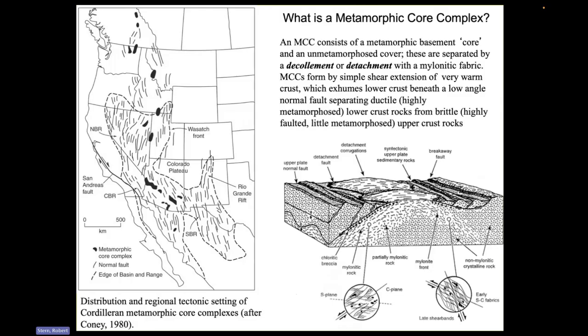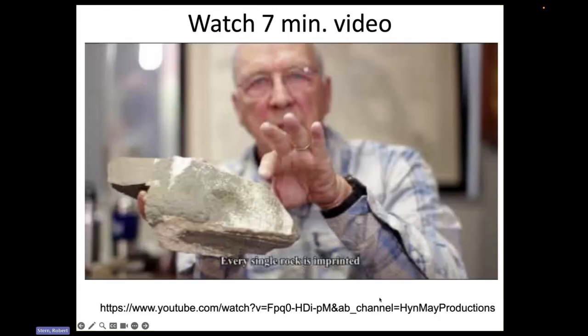And we talked about where these core complexes were in the Basin and Range Province and what they look like sort of in the large scale. This is several kilometers across, all kinds of interesting fabrics in there. And then we watched this video, and that's where we left at the end of the talk on Monday.